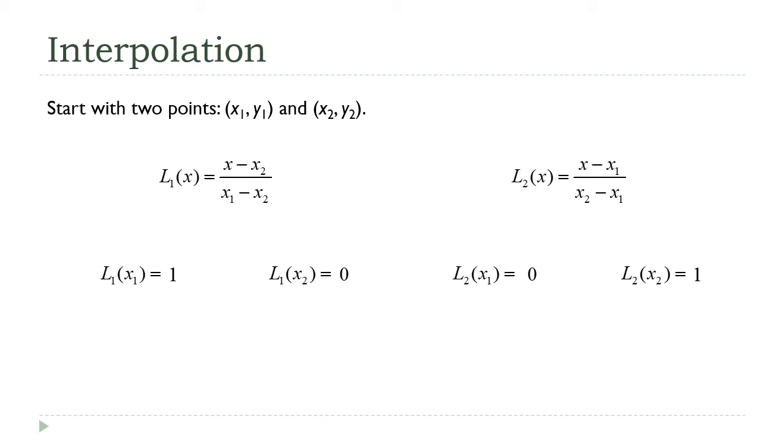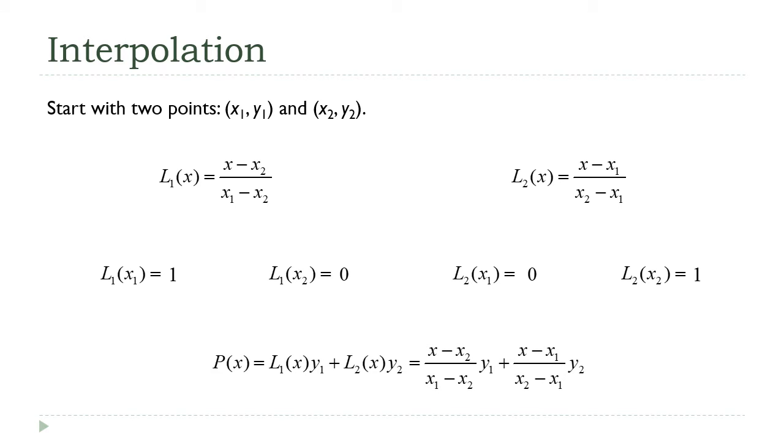And here's how I'm going to use these to build up our final answer. I'm going to take L1, multiply it by y1, L2, multiply it by y2, and add them together. On the right-hand side, I just wrote that out again, but with the formulas for L1 and L2. So here's how this works.